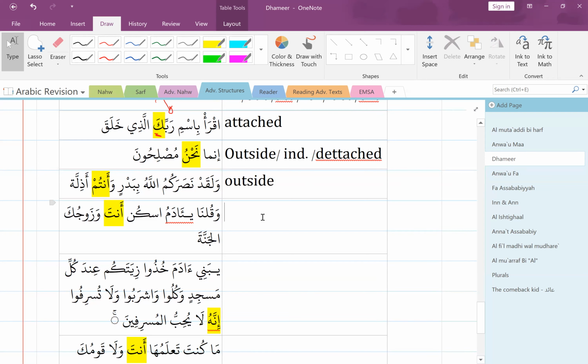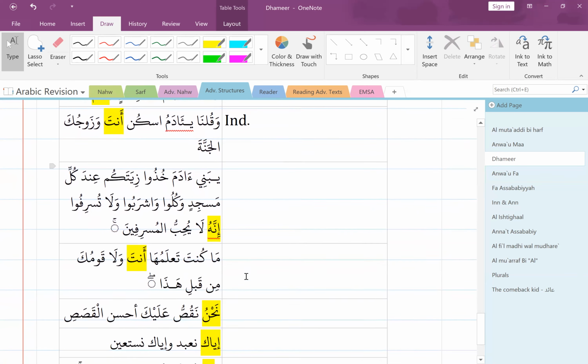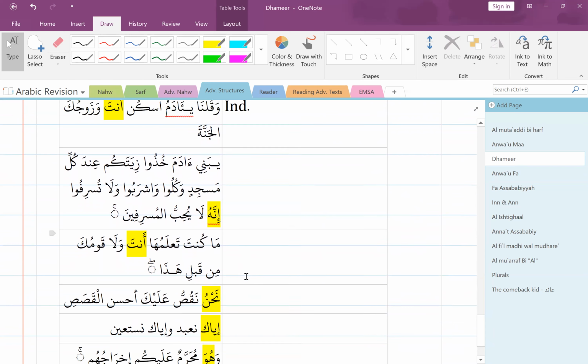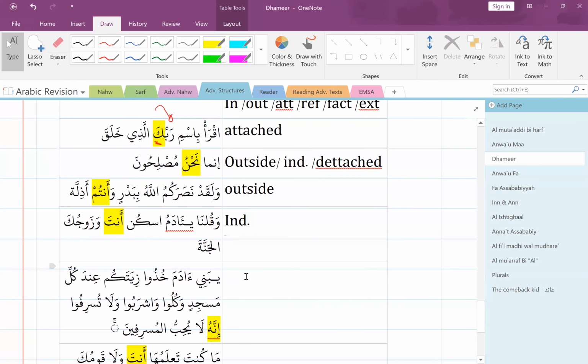Okay. Back to you, Saima. Independent pronoun? Yeah, again, another independent, outside pronoun. Wait, I have a question. Why isn't it ataf? Oh, this other one is attached.